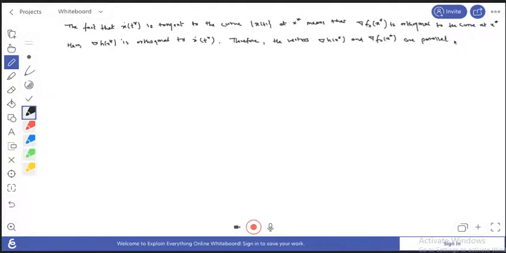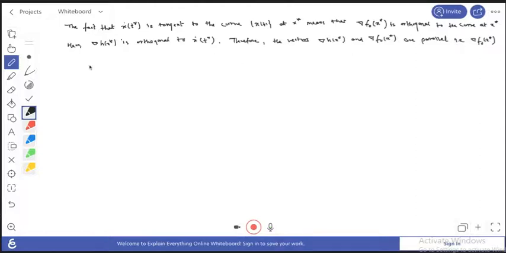So you write this gradient of f naught at x star. If two vectors are parallel, this means one can be expressed as a scalar multiple of the second.